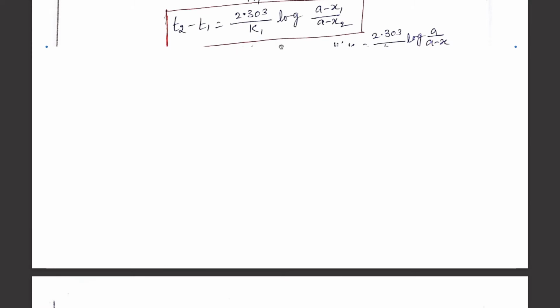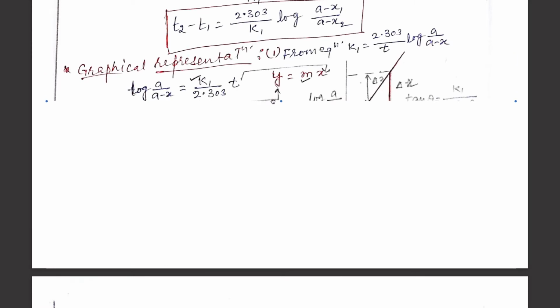Next, we'll discuss the graphical representation of a first order reaction. For this, we start with its integral rate equation: K1 is equal to 2.303 upon T log A upon (A minus X). By making an equation for log A upon (A minus X), the equation can be written in this form.